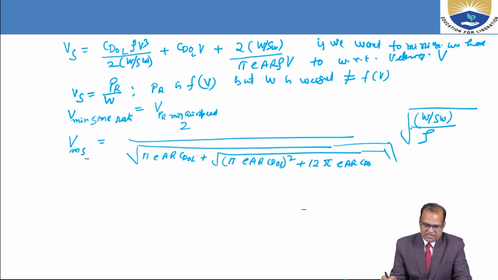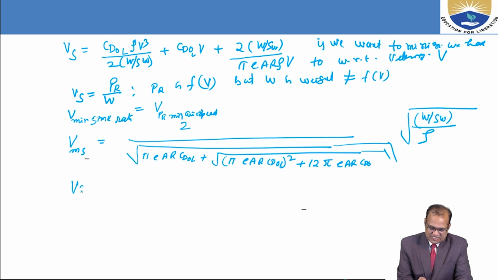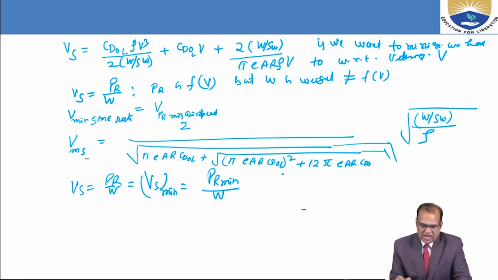And so we can write here that Vs is equal to PR by W. So Vs minimum is PR minimum divided by W, and we know that PR minimum we have already calculated.